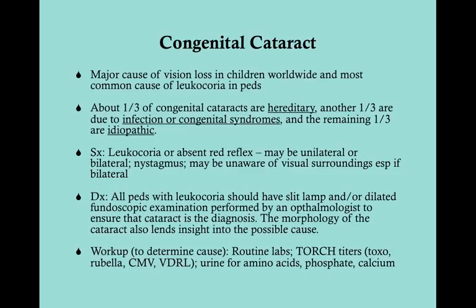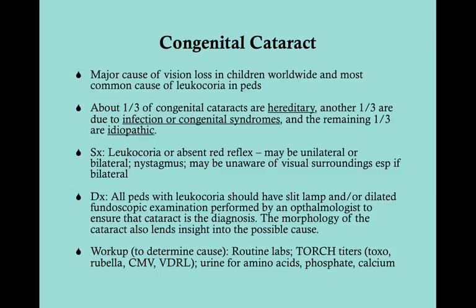So the workup, and this is to determine the cause of congenital cataract if congenital cataract is the cause for the leukochoria, would be routine labs and TORCH titers. T stands for toxoplasmosis, O stands for other, which can be various things, R stands for rubella, C stands for cytomegalovirus, and H stands for HIV or herpes simplex virus.